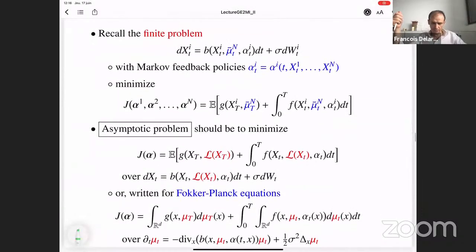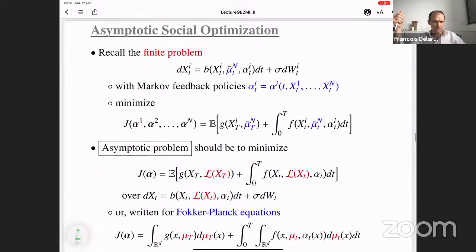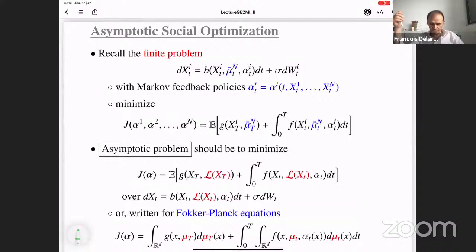And so now, exactly as what we did for mean-field games, the question is how to derive an asymptotic formulation for this. So we would like to let the number of players tend to infinity and to say what is the problem that you eventually solve when n is equal to infinity.